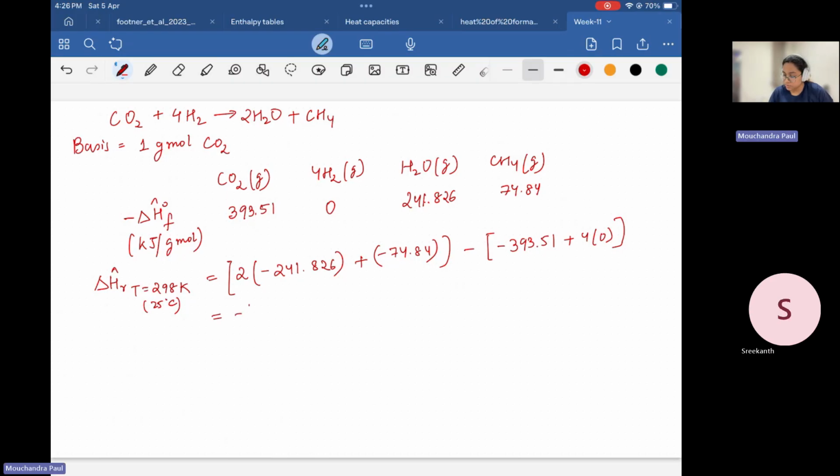It is minus 164.982 kilojoule per gram mole.